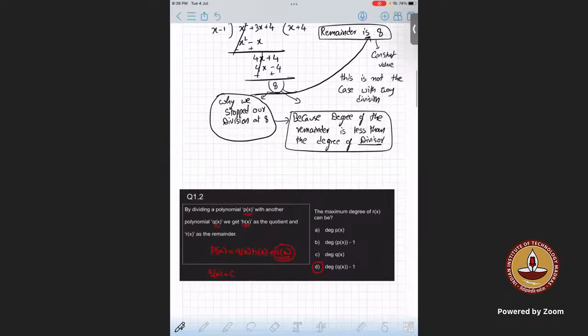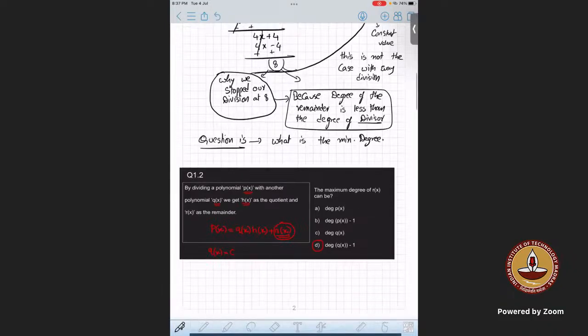But the question is, what is the minimum degree? The minimum degree possible is 0. Why 0?